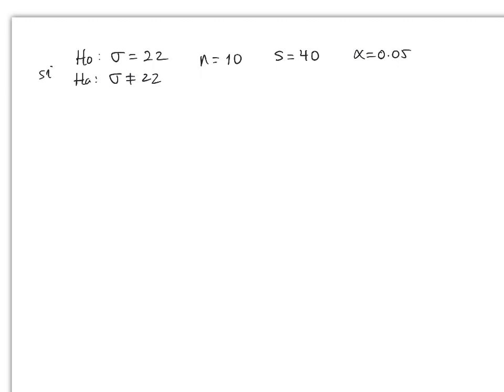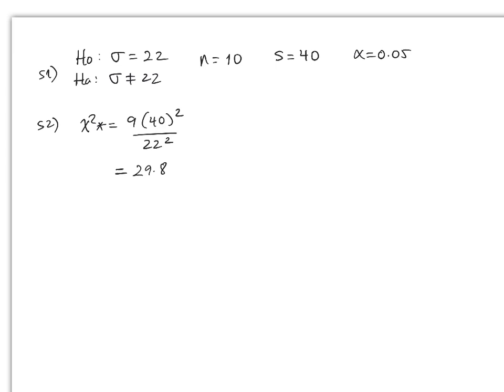So this is step 1. What should be step 2? Chi-square star is going to be what? 9 times what? 40 squared divided by what? 22 squared. So how much is that? 29.8.